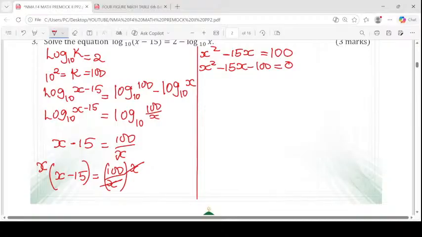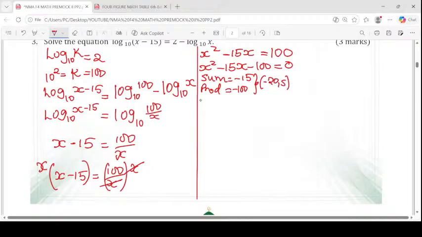Can we think of these numbers? The two numbers here should be negative 20 and 5.